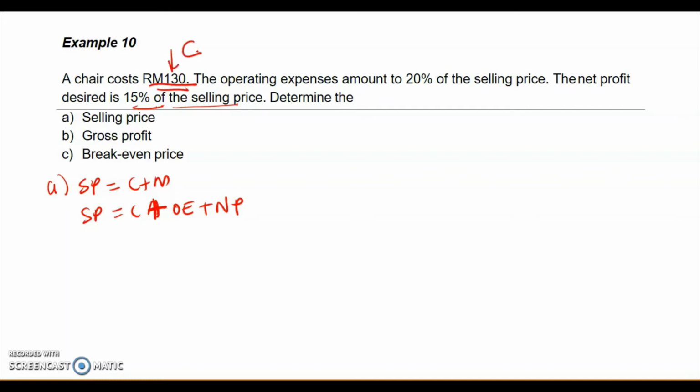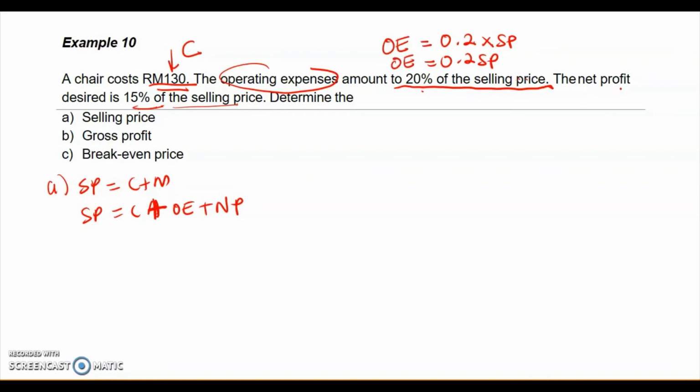So this is C. The operating expenses amount to 20% of the selling price. So now OE is equal to 20% of the selling price. That means 20% multiplied with the selling price. So 0.2 multiplied with selling price. So 0.2 SP. So this is the amount of OE.